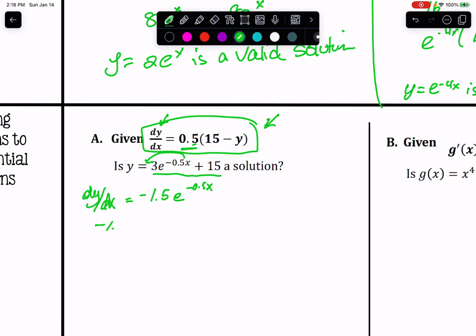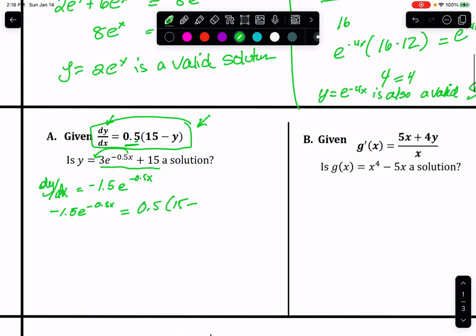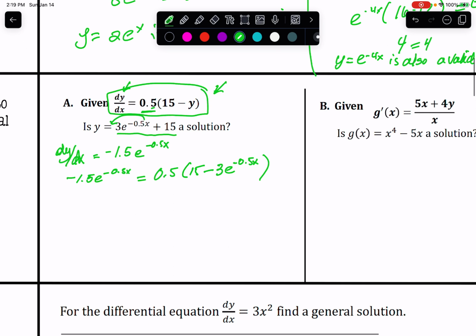So negative 1.5 e to the negative 0.5x equals 0.5 times 15 minus y. And so y is 3e to the negative 0.5x. All right, so let's simplify this.